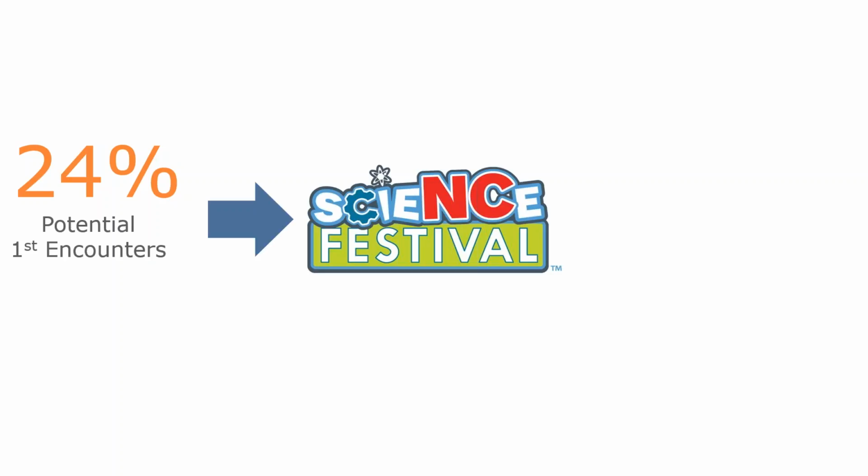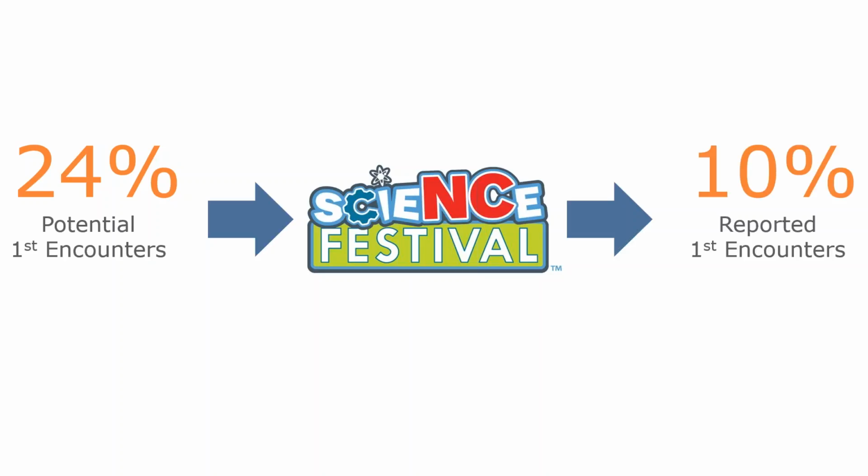What we found when we compared the number of this 24% to the number of people who reported that they actually did have that interaction is that it was only 10%. And so we have 14% of people who could be a missed opportunity. Now, we know that not all 14% of them were missed opportunities because some of them didn't attend an expo where we know there were scientists.